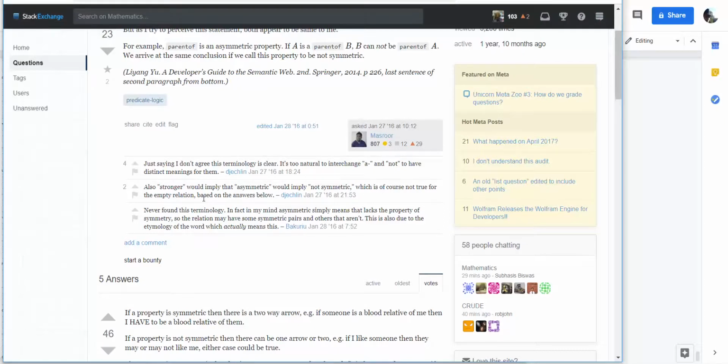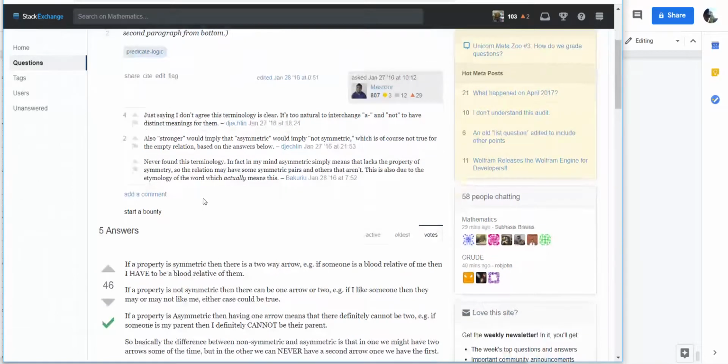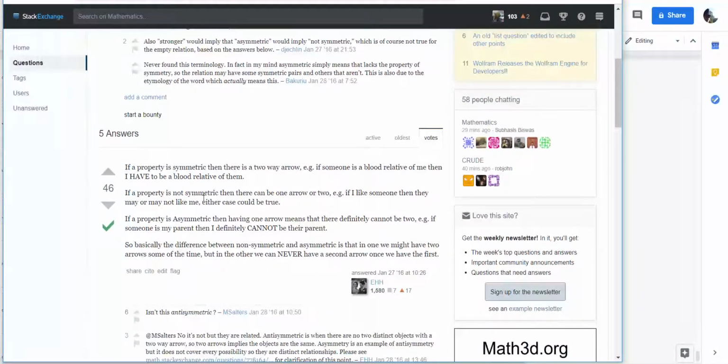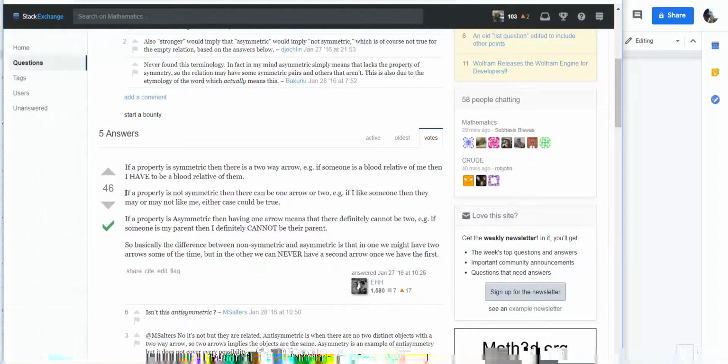"Never found this terminology. In fact, in my mind, asymmetric simply means that it lacks the property of symmetry. So the relation may have some symmetric pairs and others that aren't. It is also due to the etymology of the word. If a property is symmetric, then there is a two-way arrow. If someone is a blood relative of me, then I have to be a blood relative of them. If a property is not symmetric, then there can be one arrow or two.